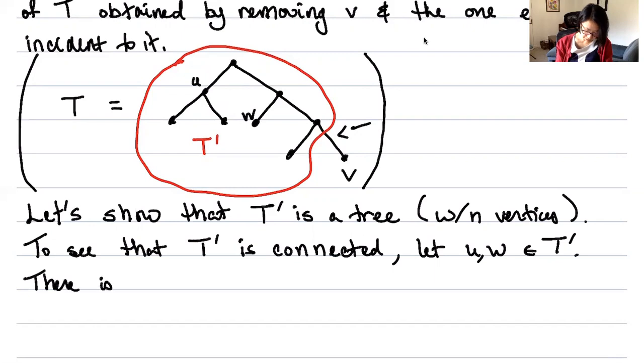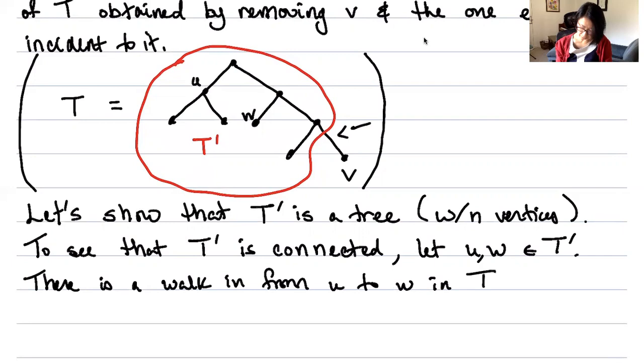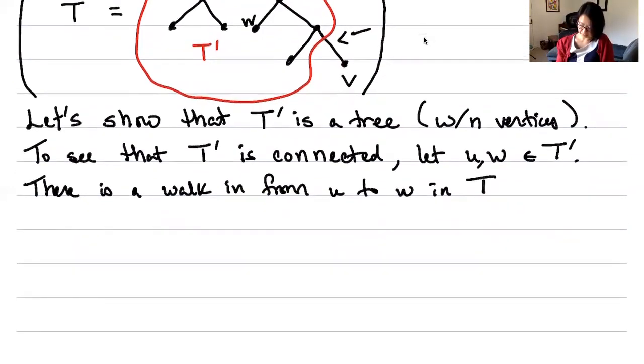There is a walk from U to W in the original tree T, because T is connected. All graphs are connected, that's part of the definition.